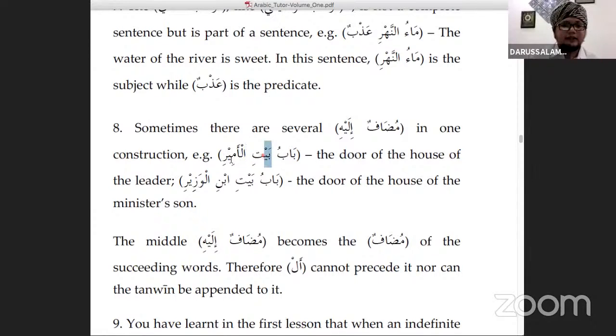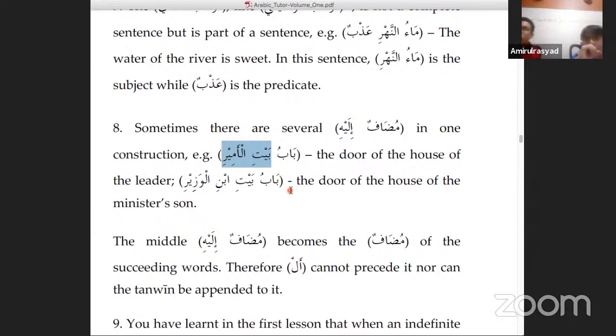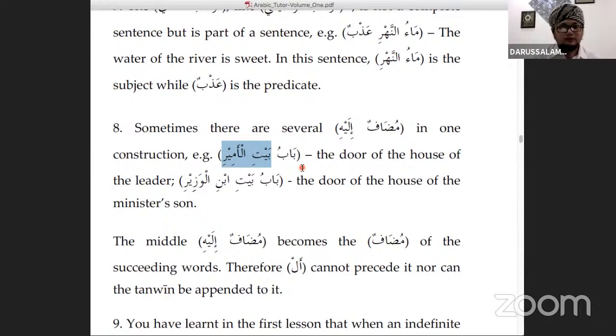If you look at Baitul Amir, translate that, the house of the leader. You understand? So you can put many idafah in one murakkab.